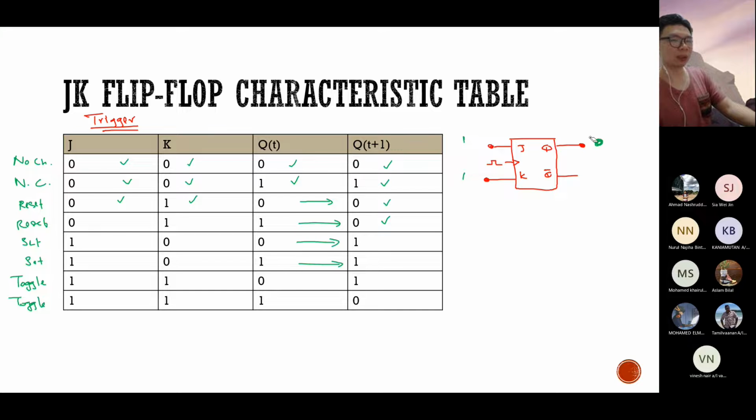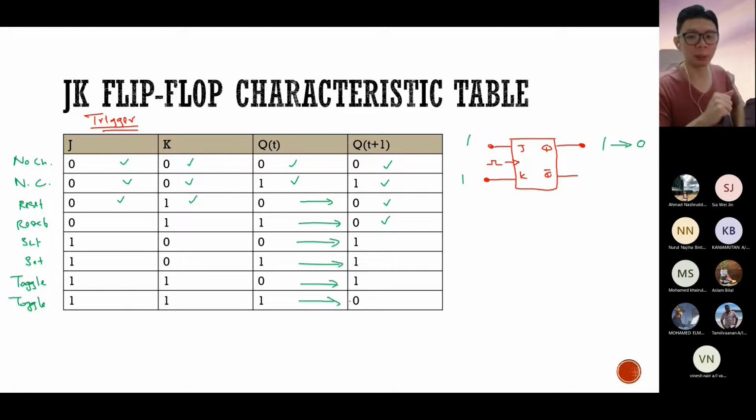For example, if you have a 1 over here and you supply a value of 1, this 1 will instantly change to 0, like that. If it's 0, it's going to turn into a 1. If it's 1, it's going to turn into a 0. That is how this toggle mode works. Hopefully that makes sense to you guys.